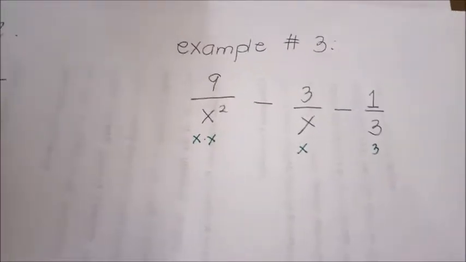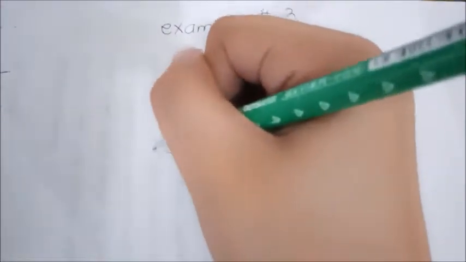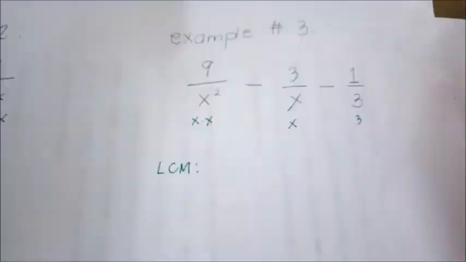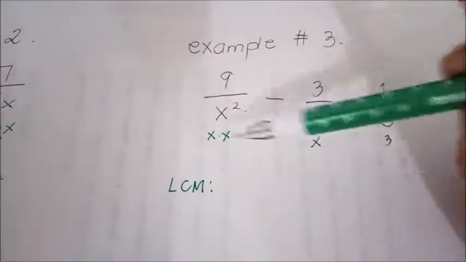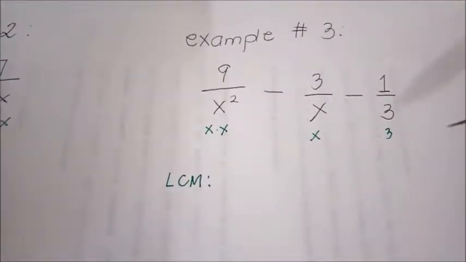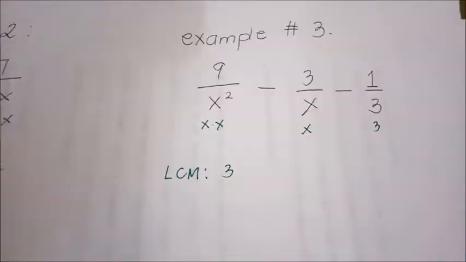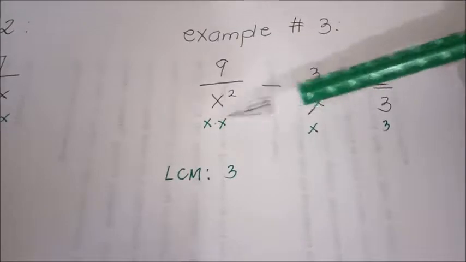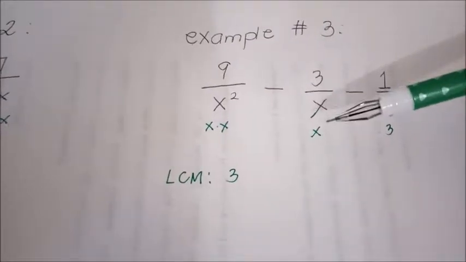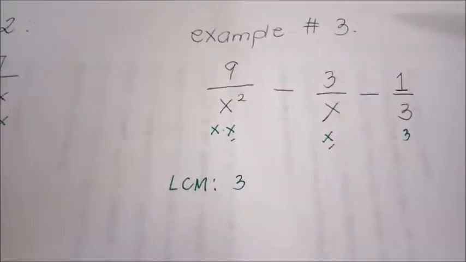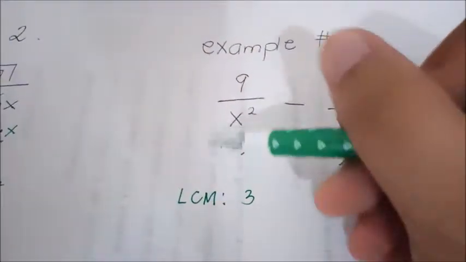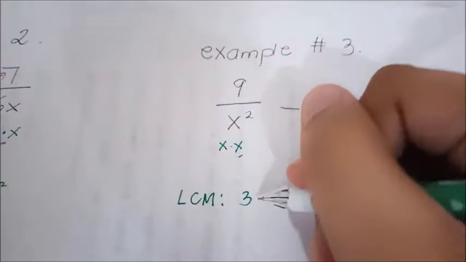O, isa-isahin natin ulit. If you are asked about the LCM, okay? Sulat natin yung unique. O, dito sa 3, syempre, ang pinakakakaiba, itong mag-isang 3 na ito. O, isulat natin si 3. Okay? Then, itong 2 na to na lang. Okay? So, we have here common factors x and x. So, magkakaroon ka ng isang unique na x. Walang kaparehas. So, isulat mo doon.